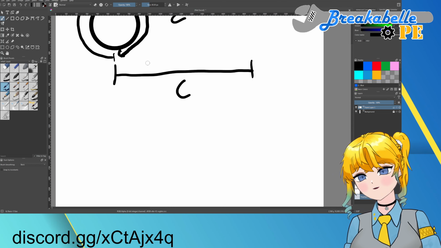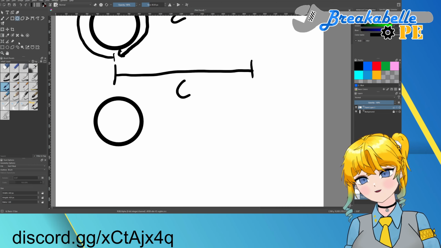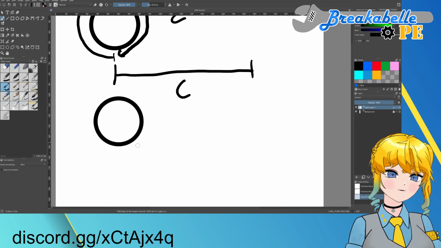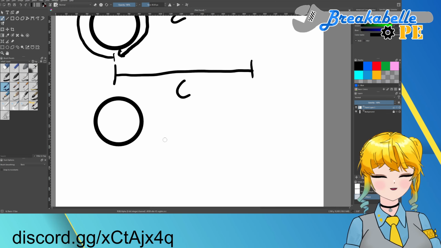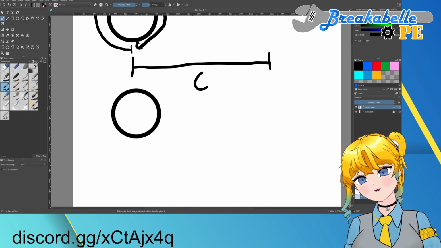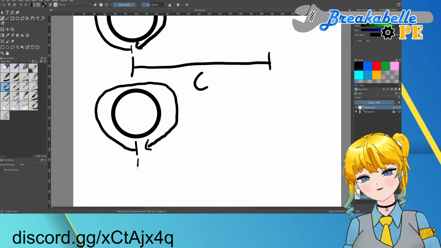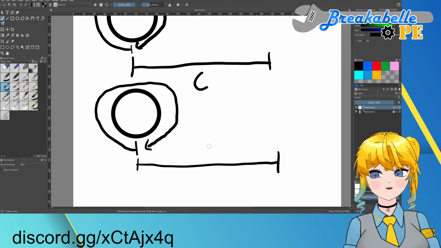And now what I want you to do is imagine a second wheel, also circumference c, that is linked with the first one, so that when the first one spins, so does the second. If the first one does one rotation, the second one does one rotation. And so of course that means when the first one rotates once and the second one rotates once, the second one also covers distance c, right?